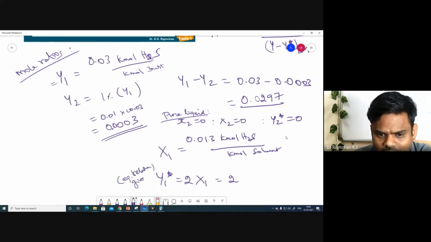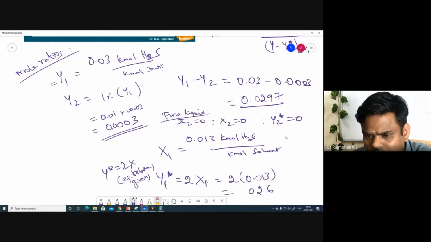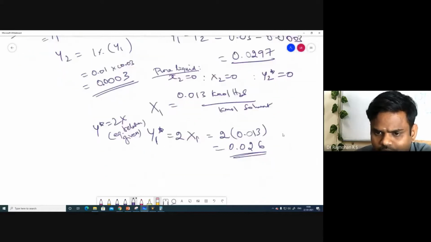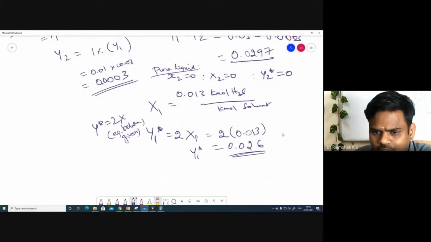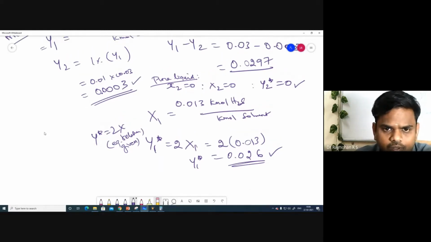In general, Y star is equal to 2x. So for Y1 star, 2 into X1 equals 2 into 0.013, which will be equal to 0.026.